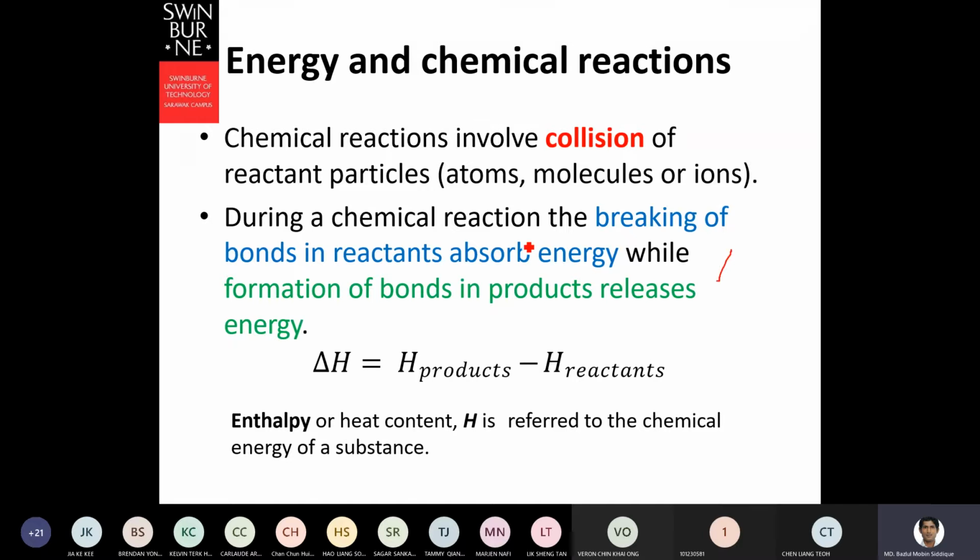Like A and B are reacting. Here I write A and B are reacting, which is, I think, the most commonly given example of a chemical reaction. A and B are reacting, there is an arrow, and C is produced.